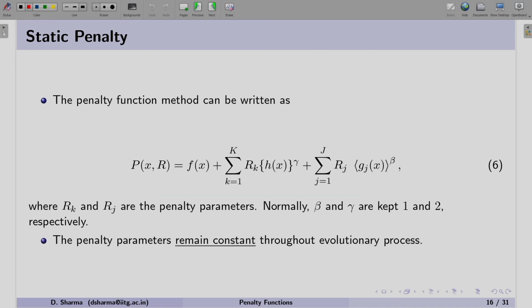So, why do we call this static? It is because the penalty parameters remain constant throughout the evolutionary process.